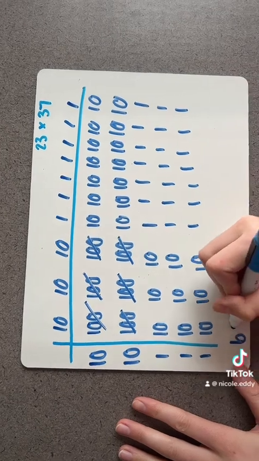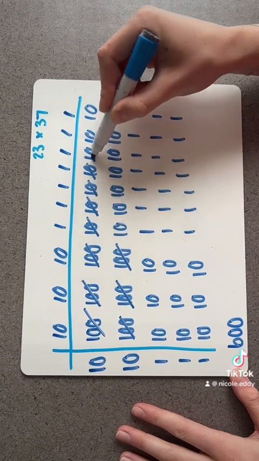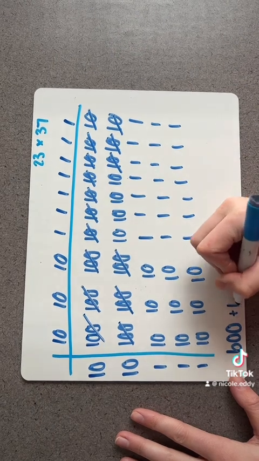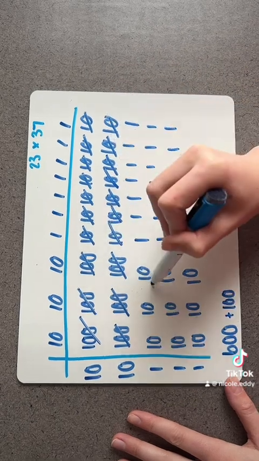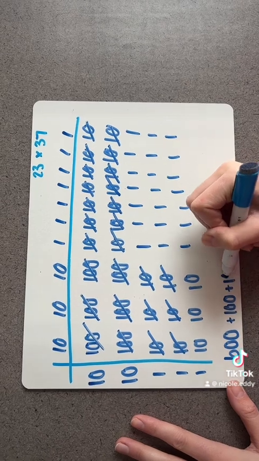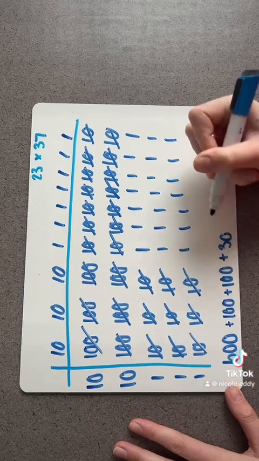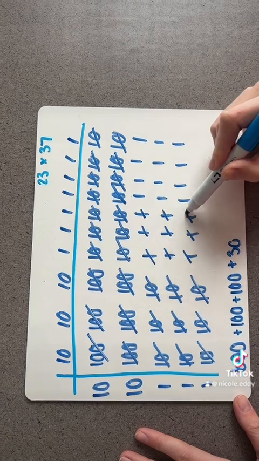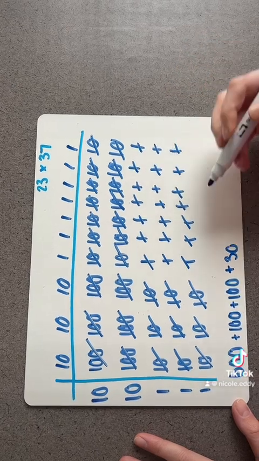So I'm just going to write that down so we don't forget. 600, then 10, 20, 30, 40, 50, 60, 70, 80, 90, 100, then 10, 20, 30, 40, 50, 60, 70, 80, 90, 100, then 10, 20, 30, and then we'll count our ones. 1, 2, 3, up to 21.